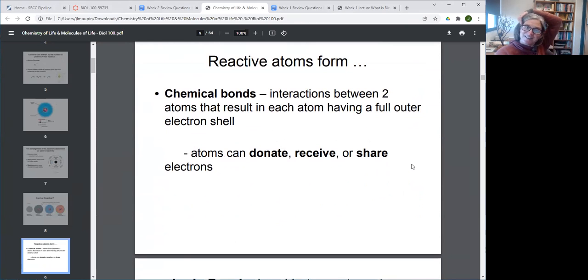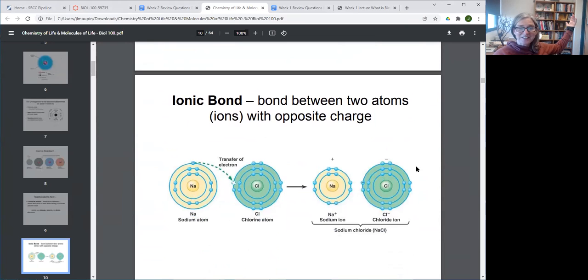The chemical bonds can be ionic bonds, and that's covered in lecture, where maybe here's sodium. Sodium only has 1 electron in that outermost shell. So in order to be stable, all sodium needs to do is give up that electron. And then everything just kind of drops back down to this other shell, which is then full.